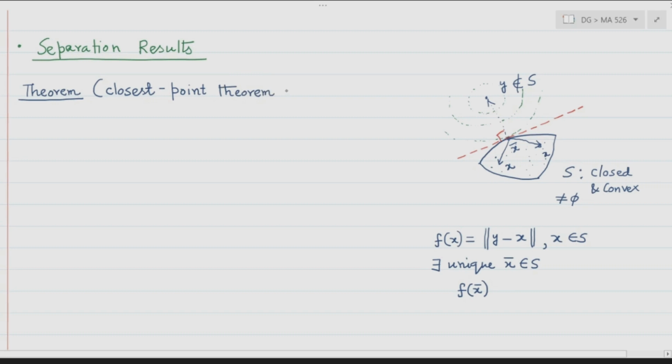It is also called projection theorem because this result characterizes projection of y to a given set.